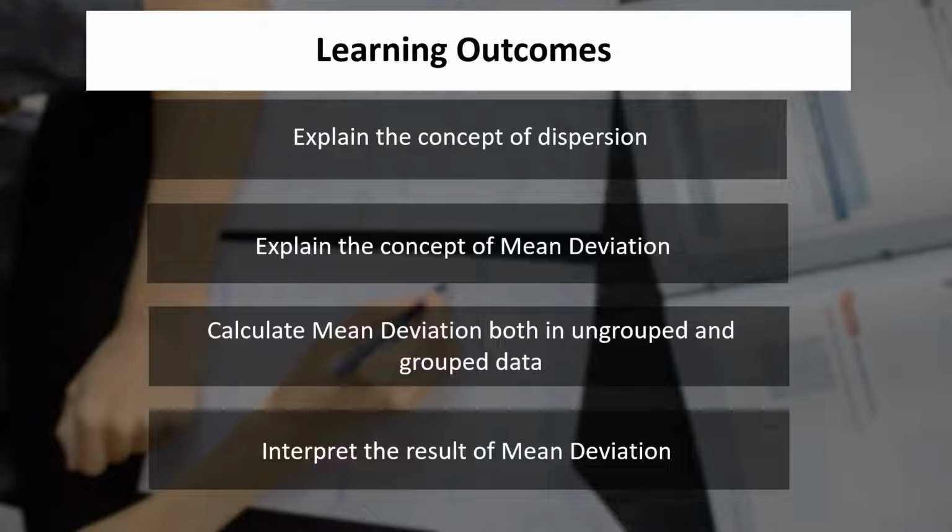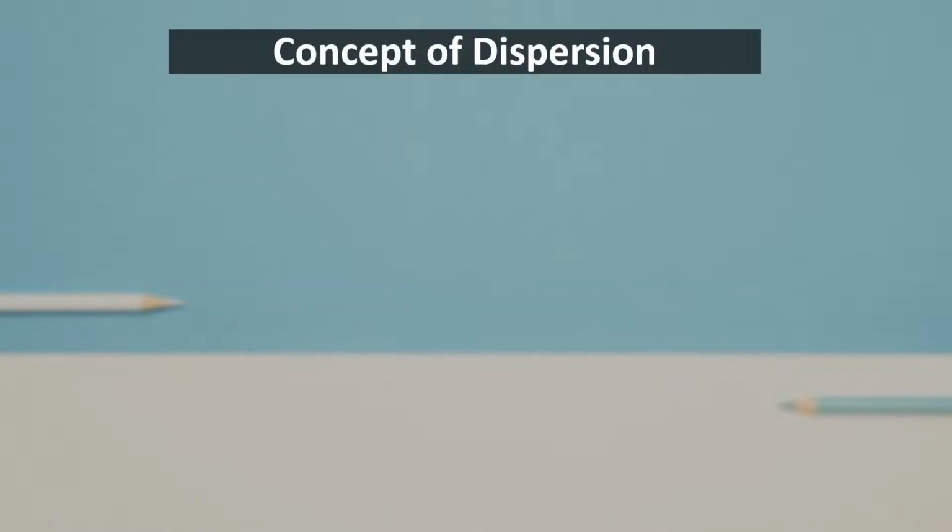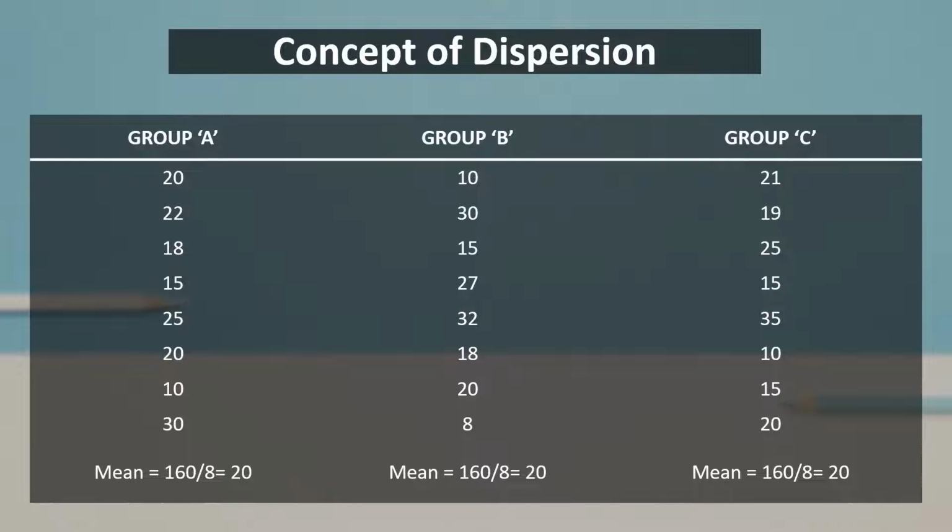So friends, now let us go forward to understand the concept of dispersion. I have already discussed it when I was talking about quartile deviation. So again, let me recapitulate, because this is also connected with average deviation.